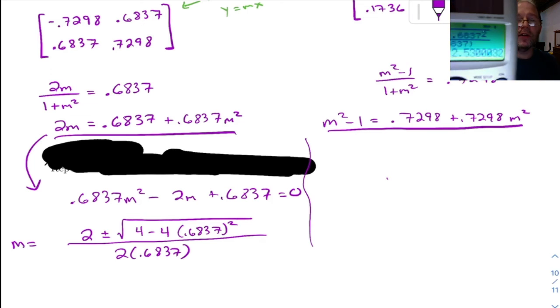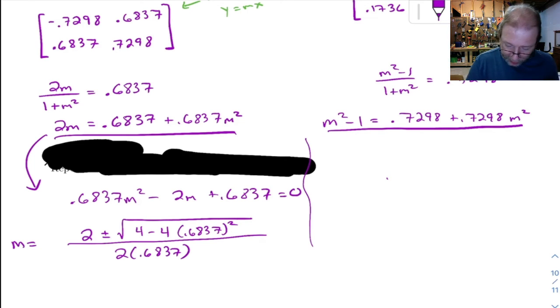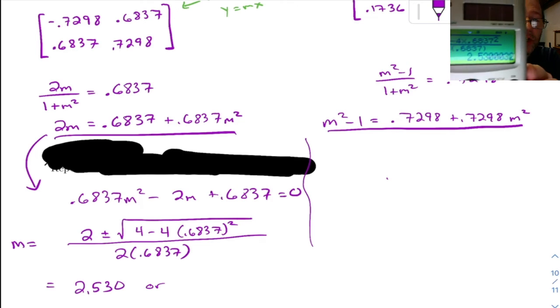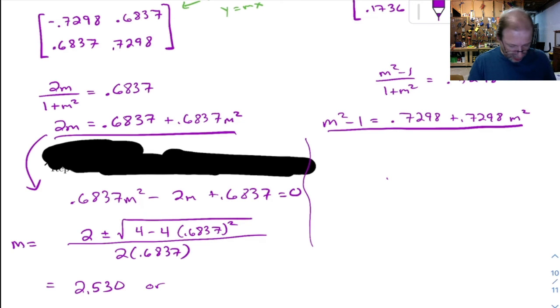Okay, when I put that in there, it gives me 2.53 and a bunch of zeros. And that's just with the plus. So I need to change the plus there to a minus, and that'll give us the other solution. If I put in a minus, it gives me 0.395. Okay, so one of those is the solution.